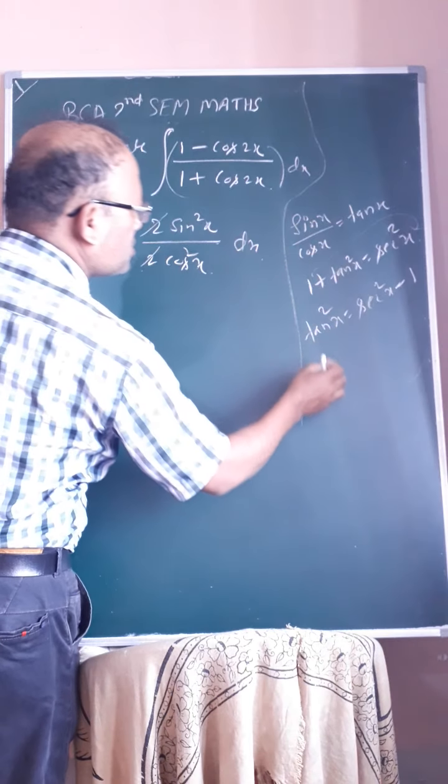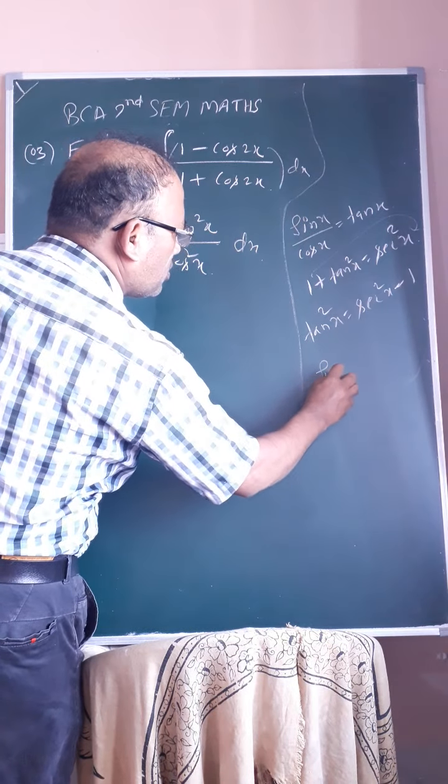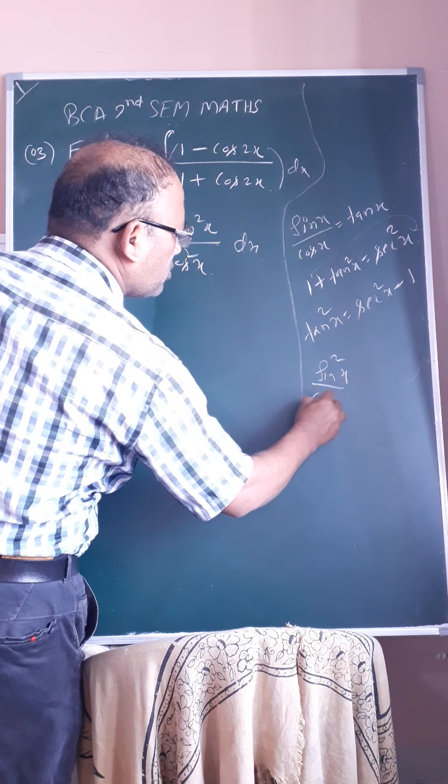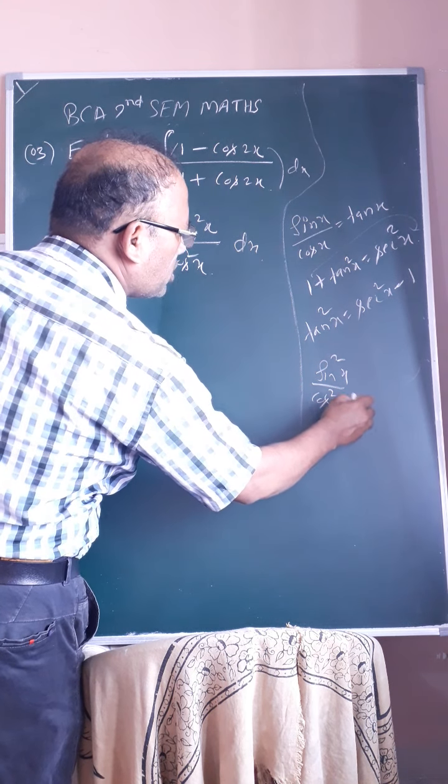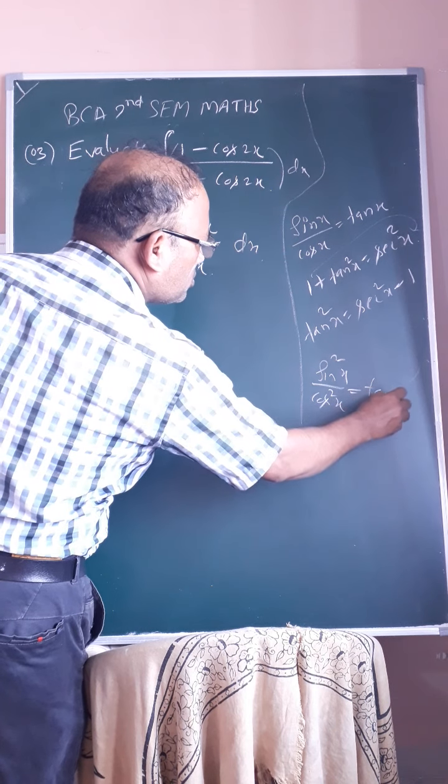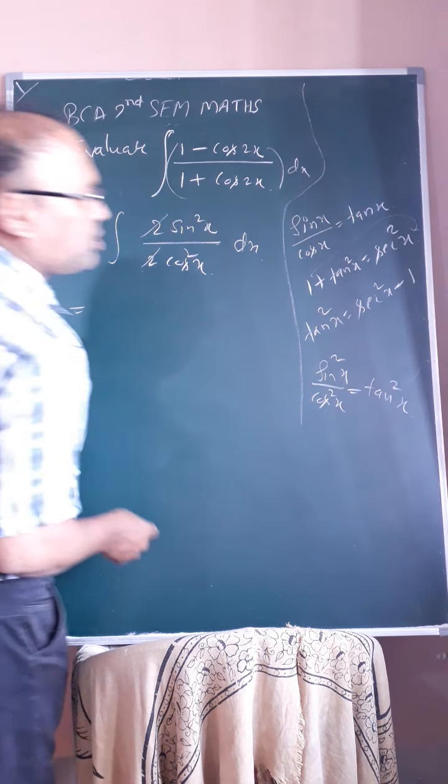Sin x by cos x is tan x. Sin square x by cos square x is equal to tan square x.